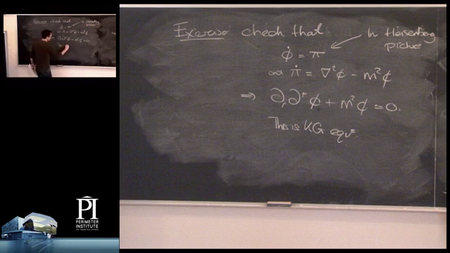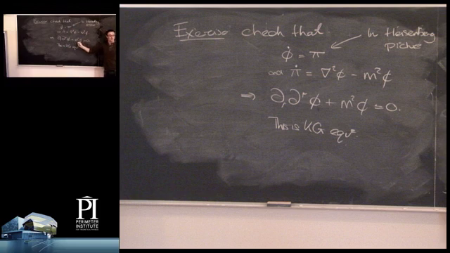This is the Klein-Gordon equation. But let me stress this again. Phi is not the wave function. It has nothing to do with the wave function. Phi is now the operators over space. So this is an operator-valued field of space and time, where the time has come in because we're in the Heisenberg picture, and it has to obey this equation.